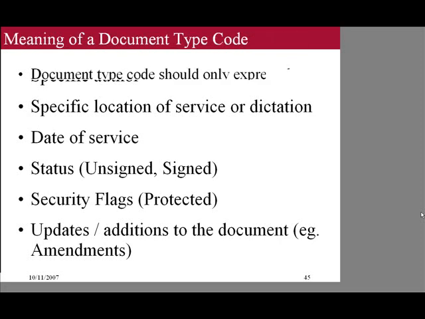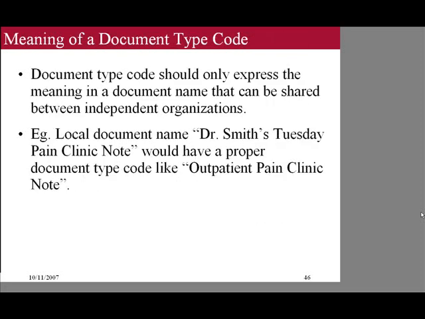Okay. Document type code should only express the meaning in the document name that can be shared between. So we're trying to make names again that allow you to share information between different things. If you started out with a local document name like Dr. Smith's Tuesday Pain Clinic note, the kind of name that LOINC would create for that would be an outpatient pain clinic note, basically.